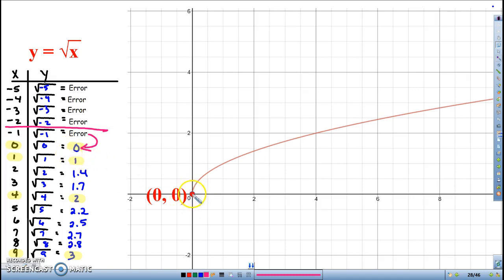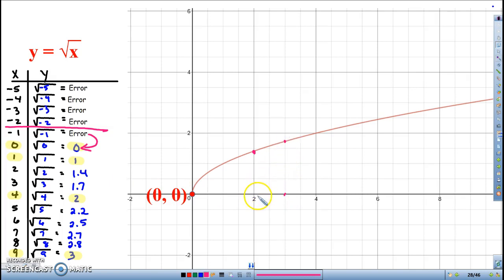Here's my starting point. The numbers I've highlighted in yellow are the ordered pairs that actually give you pretty answers, although you can graph 2, 1.4, and 3, 1.7.